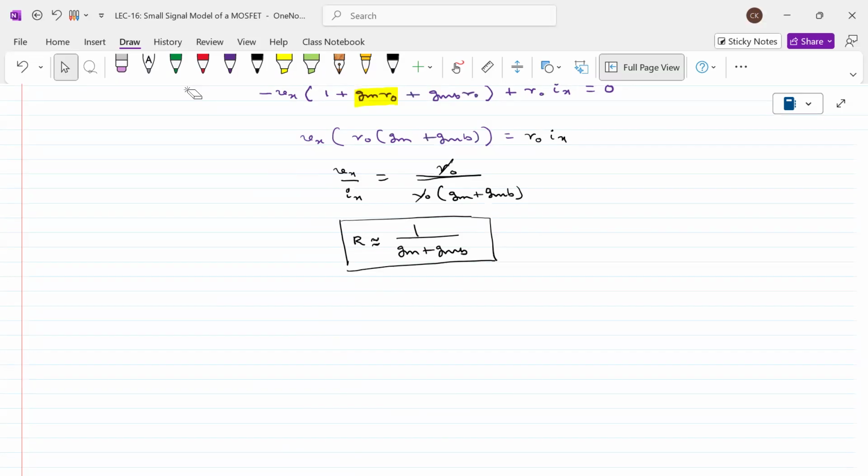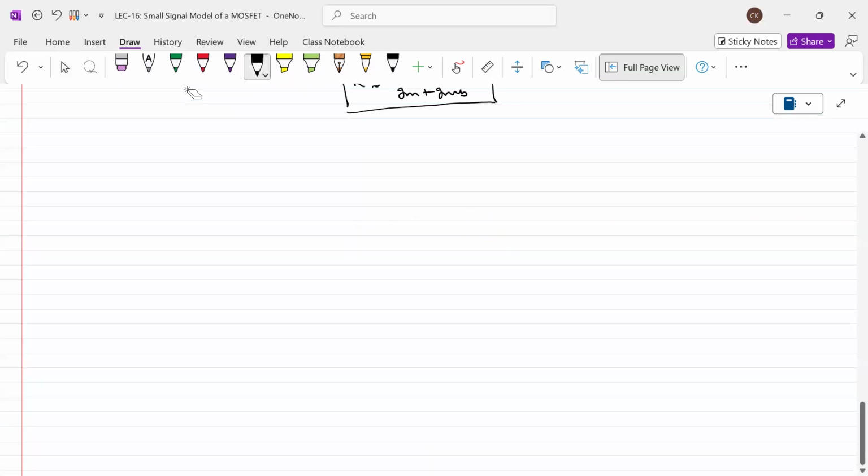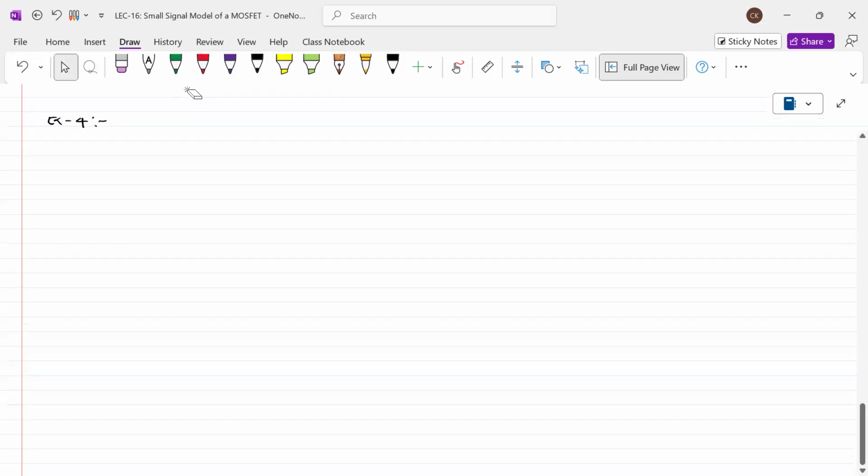We'll take a simple example. Example number 4. We look at this transistor.